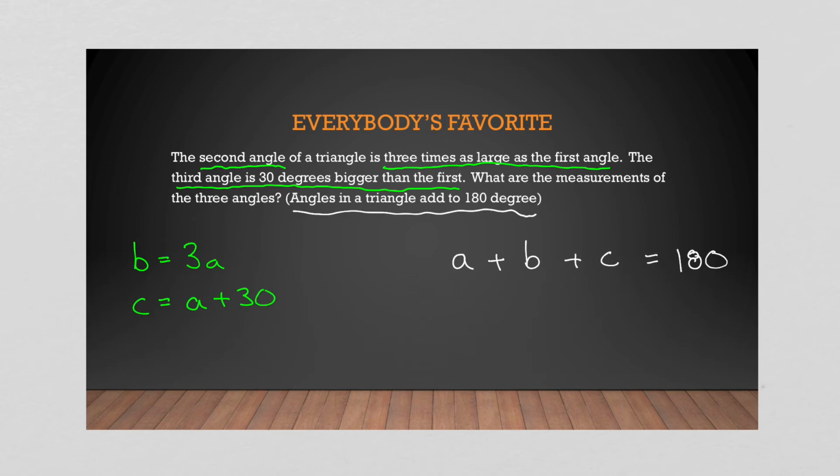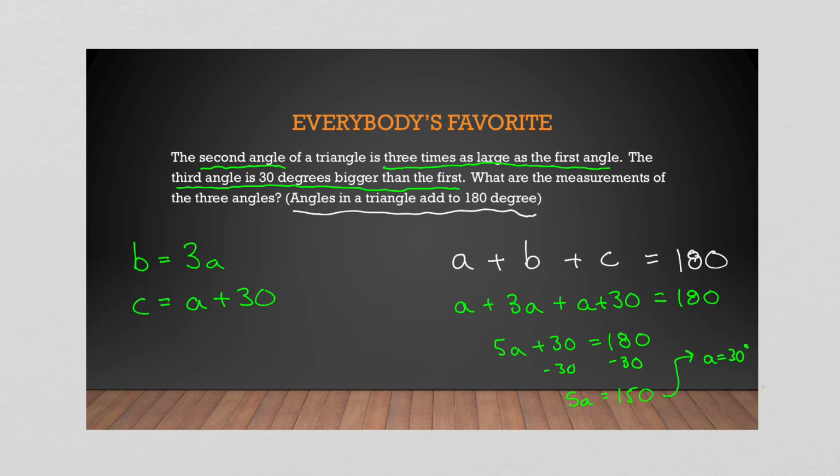So substitute those statements in for B and C, and you end up with A plus 3A plus A plus 30, and you get 180. And this is great because now we have 5A plus 30 equals 180. Subtract 30 on both sides, and we get 5A equals 150. And then if you divide both sides by 5, you get A equals 30, and that's 30 degrees.